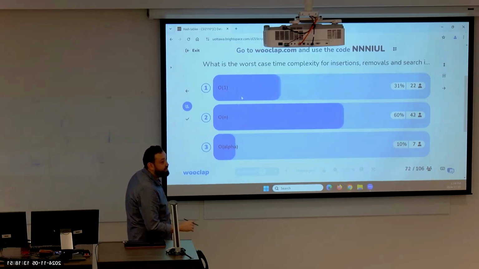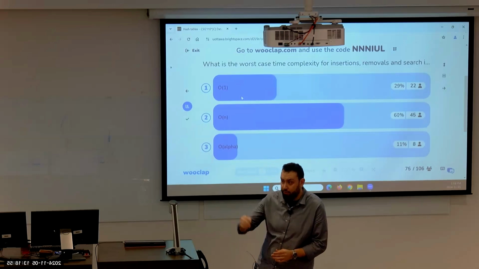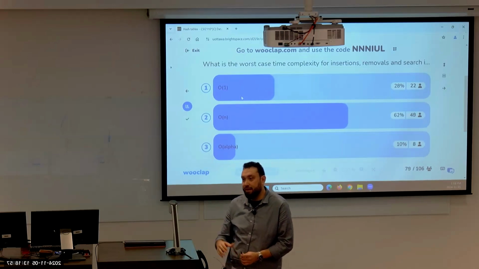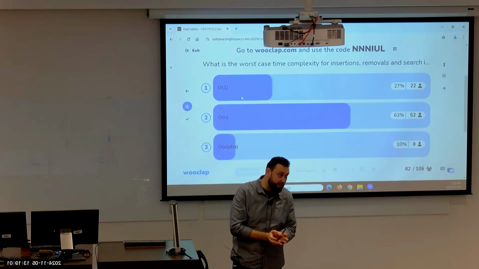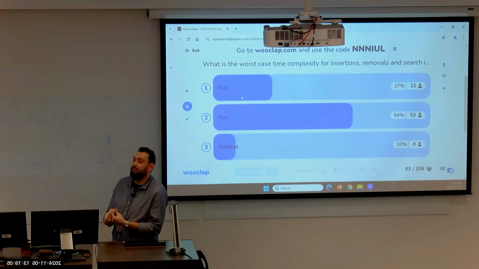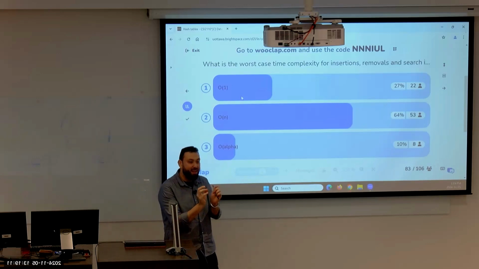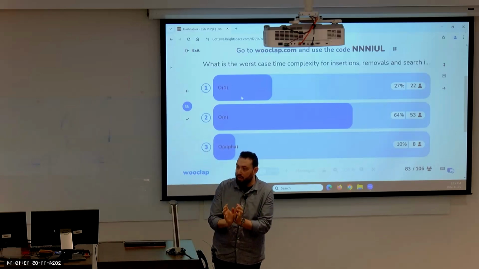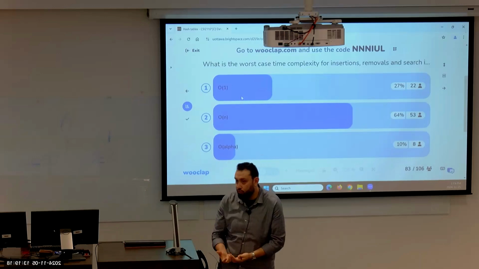We said the worst case is O of n. Why? Because we're still using an array, and if the hash map is not built correctly, you're going to end up with O of n. But we said the whole idea of building a hash table is to put lots of effort into building it correctly, in a good way, so that the expected time will be constant.